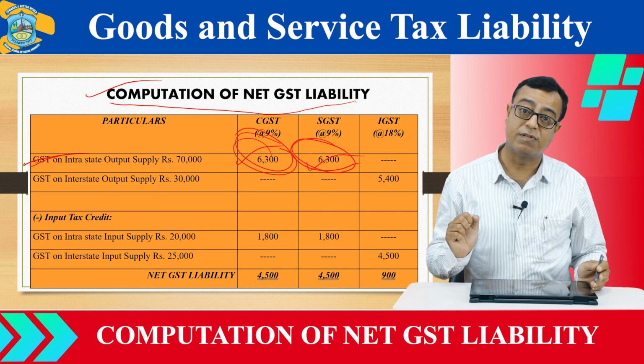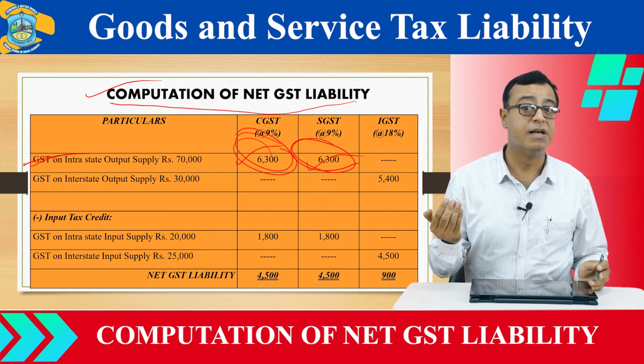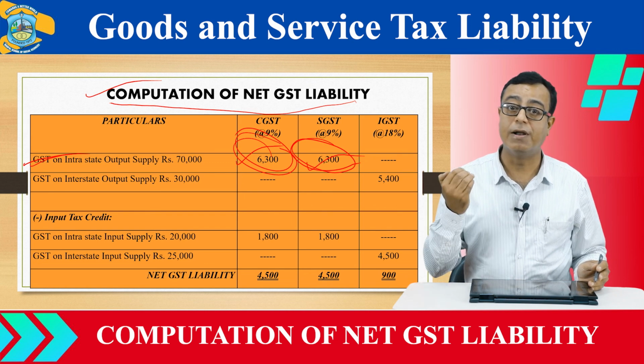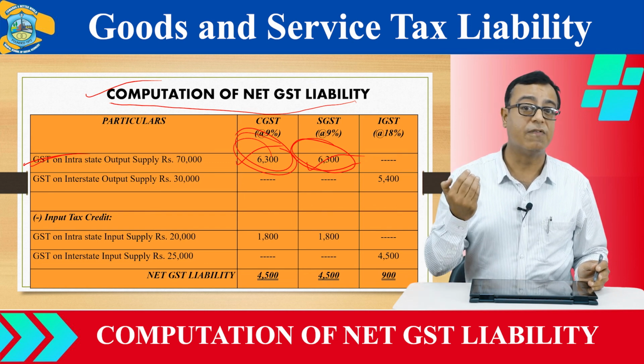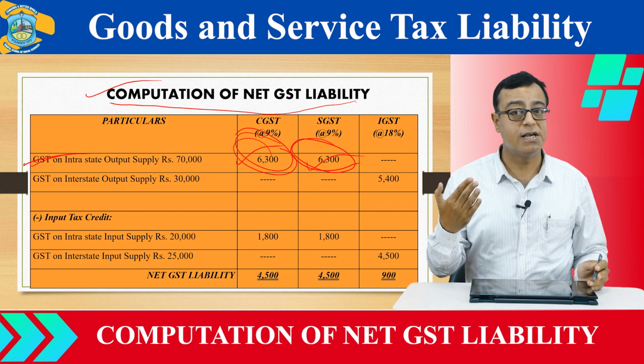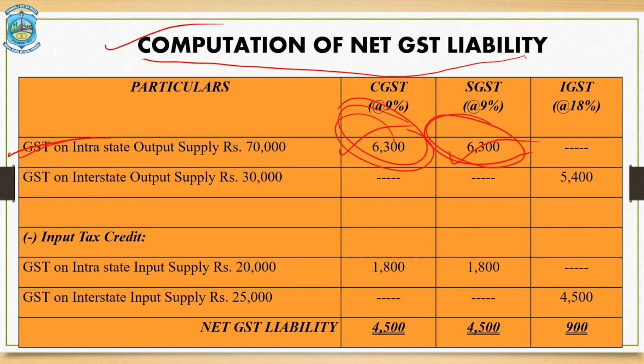Interstate supply we have 30,000. On intra-state supply we have CGST and SGST. On interstate supply we have only IGST. The rate of IGST is not given in the question. Naturally it is CGST plus SGST, means we have to charge 18% IGST on 30,000 rupees, making the amount of rupees 5,400.